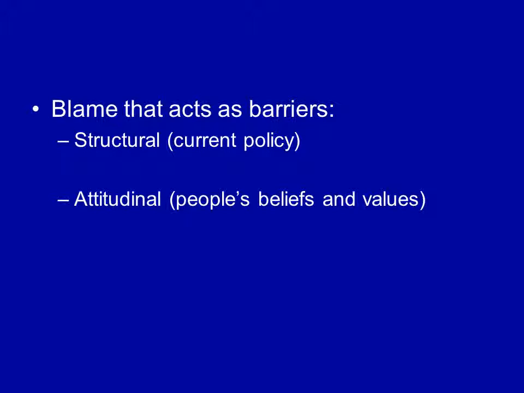The other kind of barrier that we often deal with that's a little bit trickier is the idea of an attitudinal barrier, where people's current beliefs and values and attitudes are what allows the problem to persist.